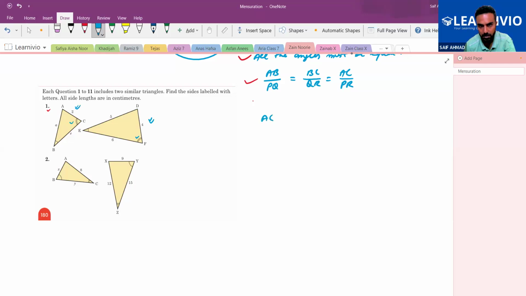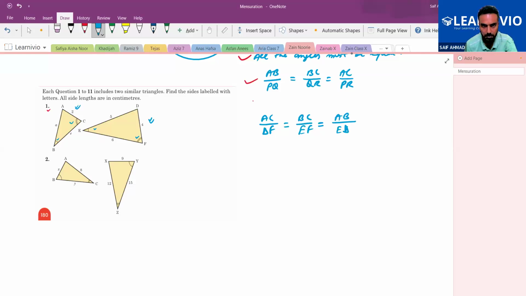So AC by DF will be equal to BC by EF, which will be equal to AB by ED. Understood or not?